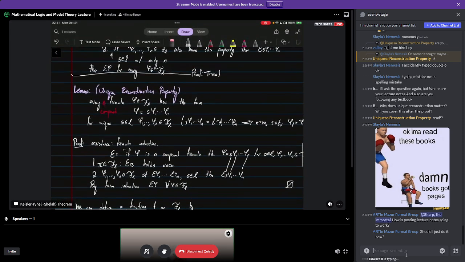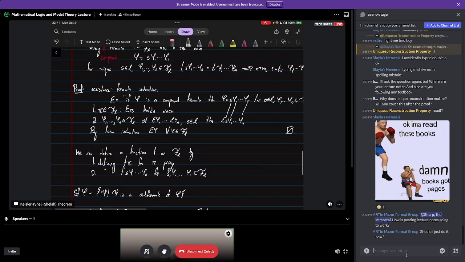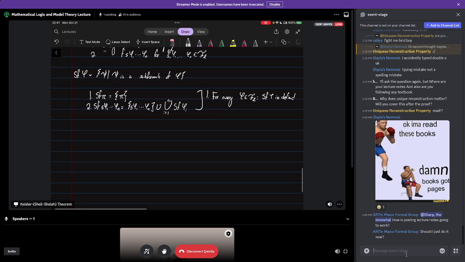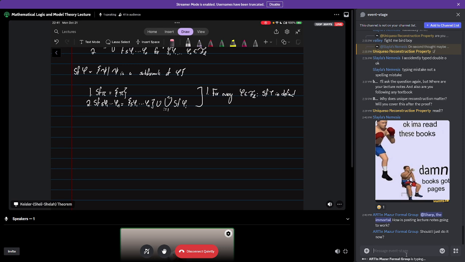It's because of the existence part of the unique reconstruction property. Every formula has the form S phi 1 through phi n, or it's prime. So it either has the form from 1 or the form from 2, and it's well defined.